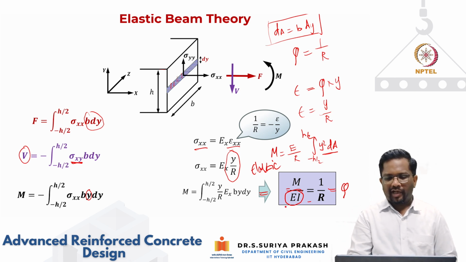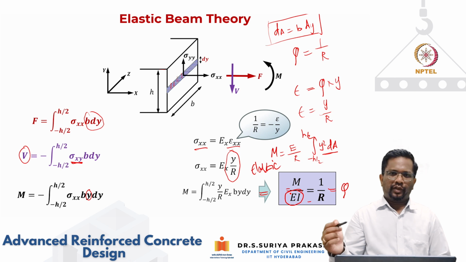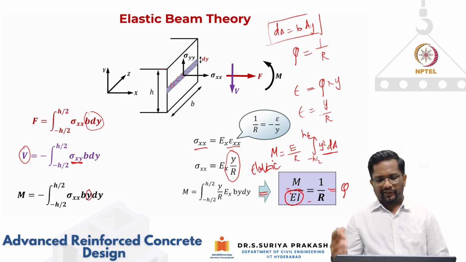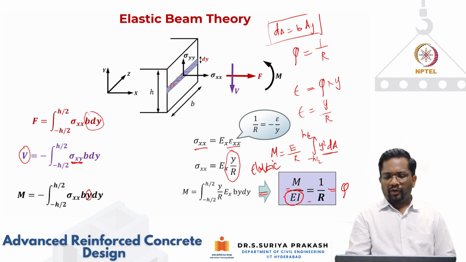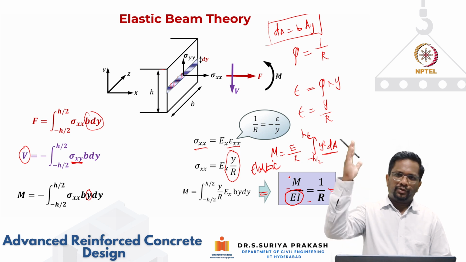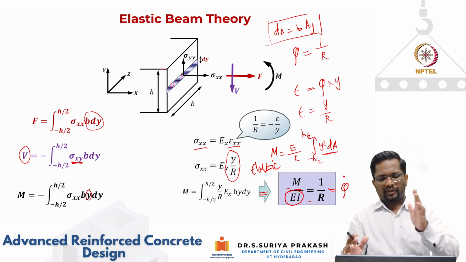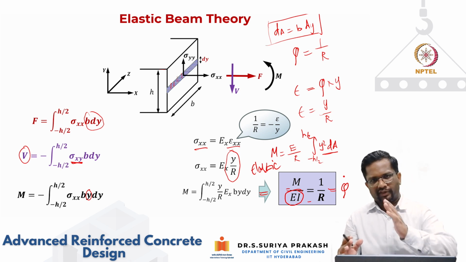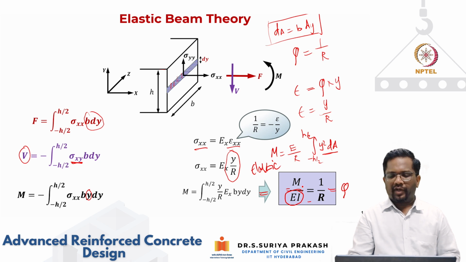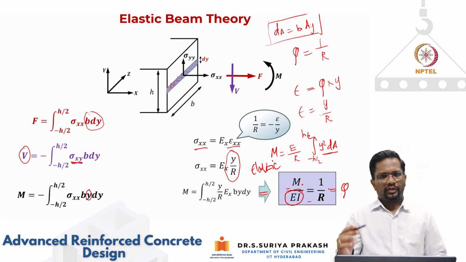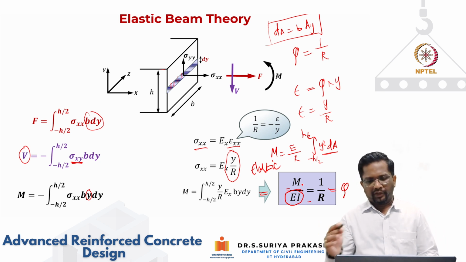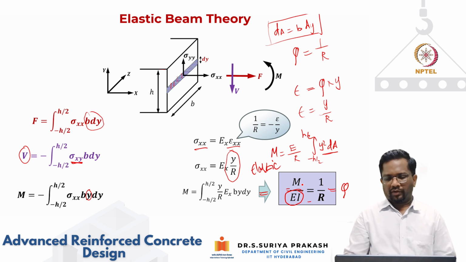So this EI value will keep changing after the concrete cracks. Though your strain distribution will always be linear, depending upon the curvature at which the section is, or how much the section is rotated, your EI value is not going to remain constant. So the EI is going to keep changing. This is a factor we have to keep in mind.